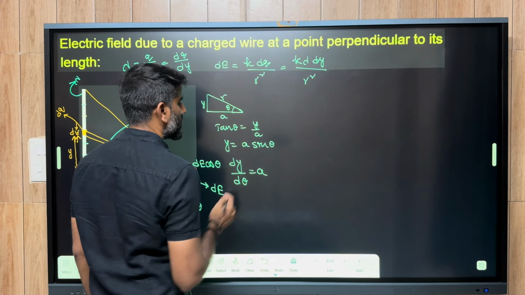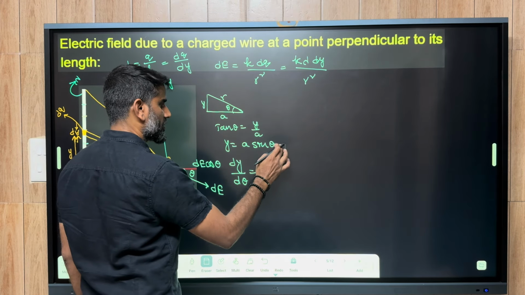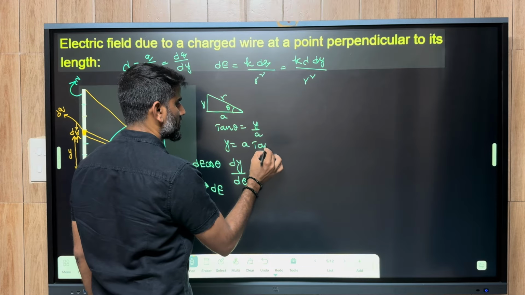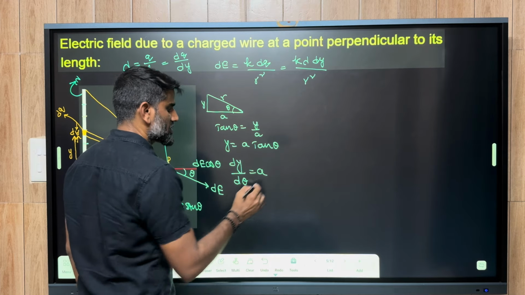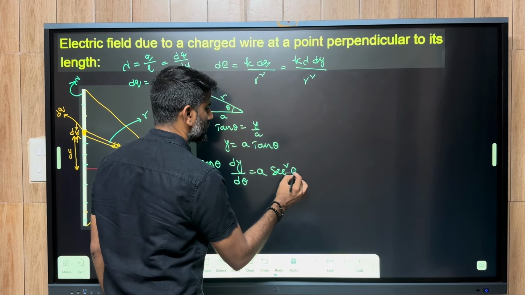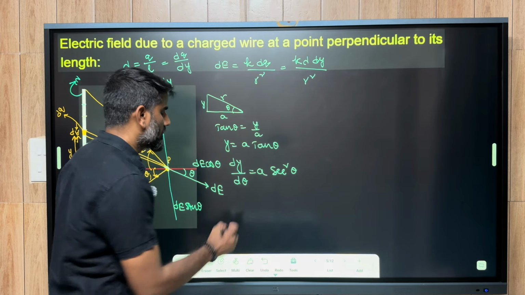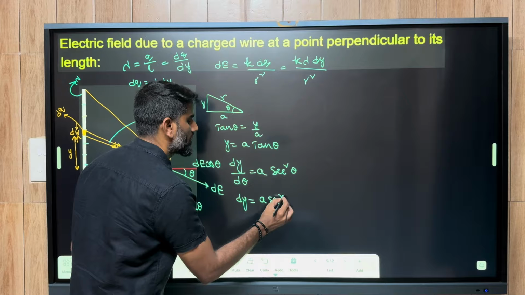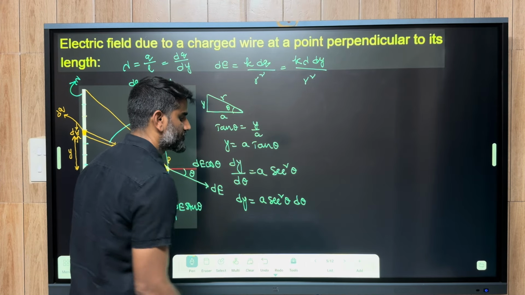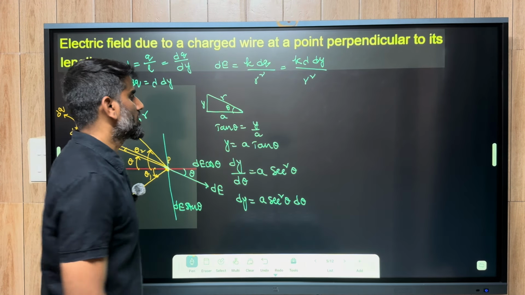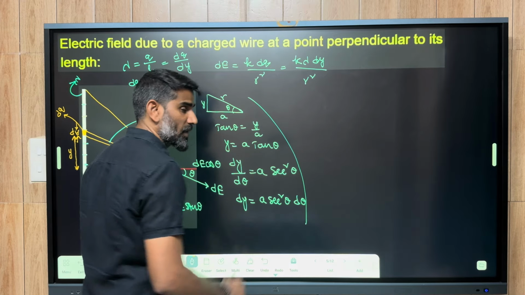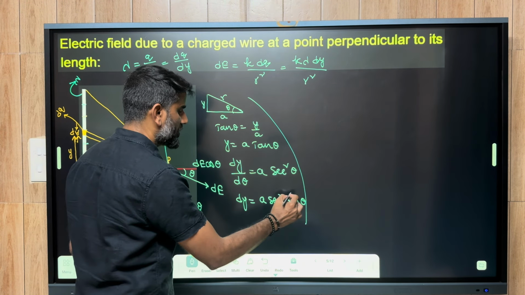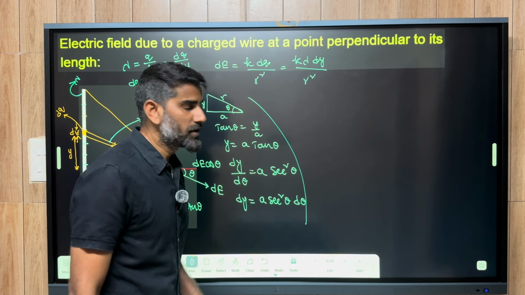A is constant, and the differentiation of tan theta is secant square theta. If I rearrange this equation, dy is equal to a secant square theta d theta. This is one part. I need to remember this: dy is equal to a secant square theta d theta.